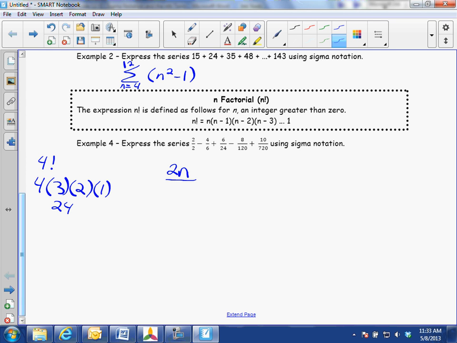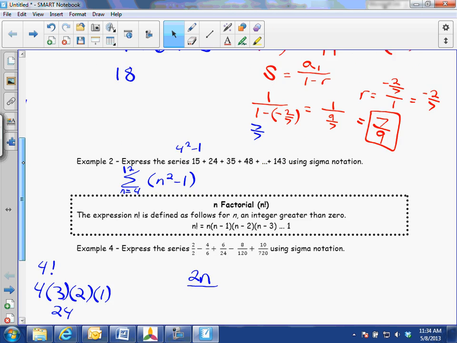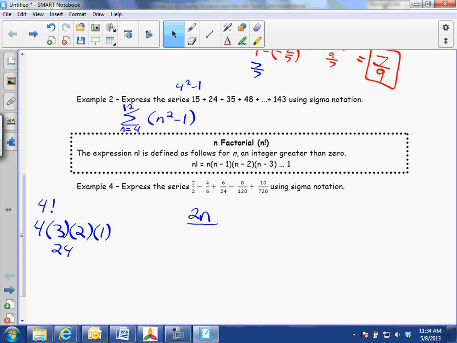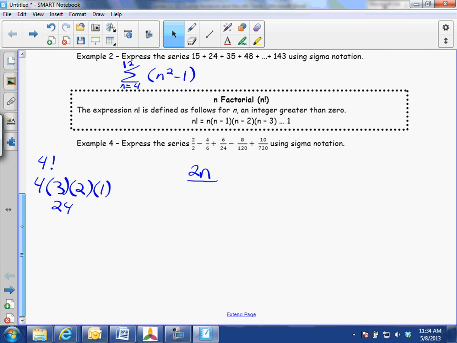Bottom, wait, no. Not quite. Okay, so what are we doing? We're trying to find the general form of this, because that's what lets us put it in sigma notation. So like what we did up here where we had the n squared minus 7, a little formula of how to get from one number to the next.